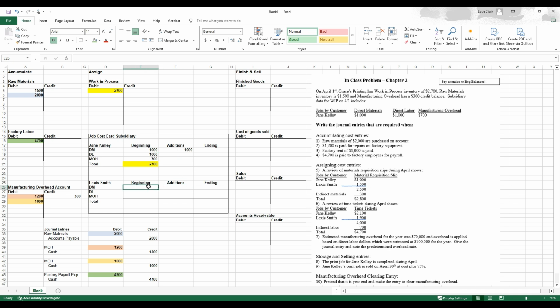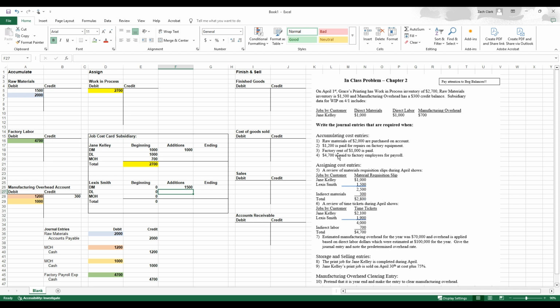And then we have zeros all here. Do the same summation. So no beginning balance because this is the first time Lexus Smith's job got started during the month. So nothing at the beginning, but we are adding in 1,500 of direct materials. That's what this sheet tells us. And then we're going to put 300 of the direct materials for a total of 2,800.